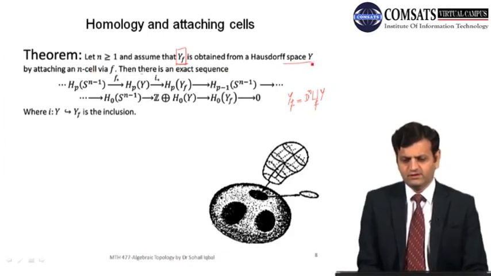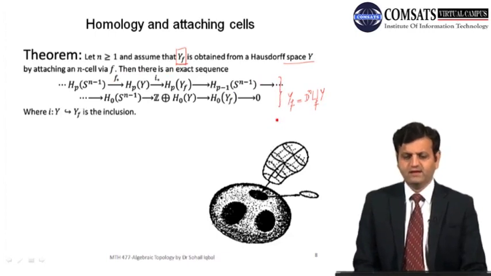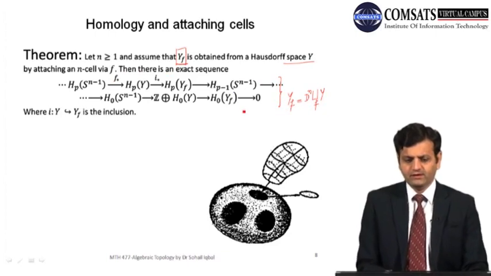This was the condition of attaching this N cell with Y. Then there exists an exact sequence, and this exact sequence is going to help us in calculating the homology of this space Yf. So what are the reasons for this exact sequence? We are not going into the detailed proof of this theorem, and I'm just going to tell you the motivation behind this exact sequence.